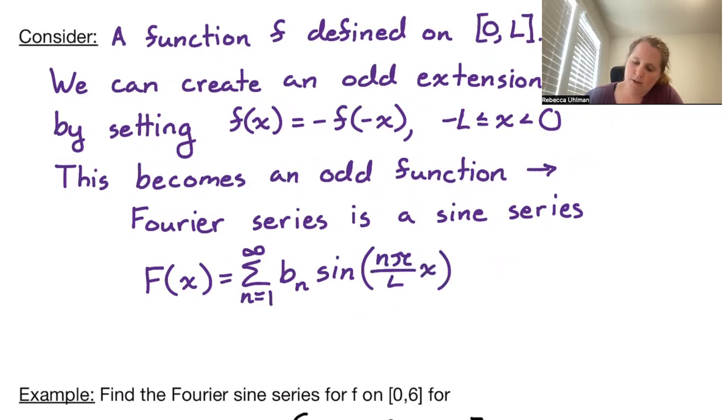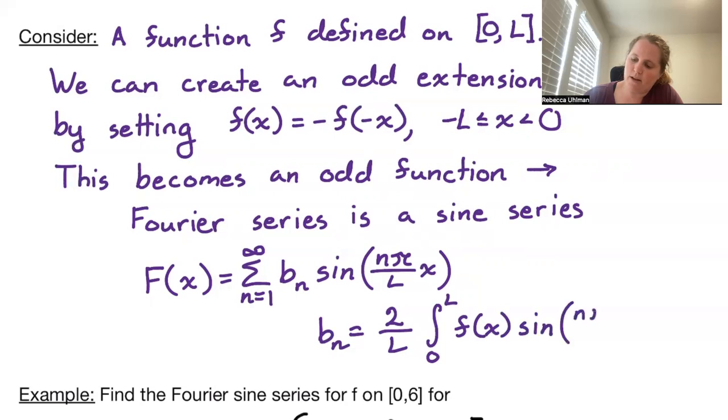And our b sub n's are equal to 2 over L times the definite integral from 0 to L of f of x sine of n pi over L x dx.